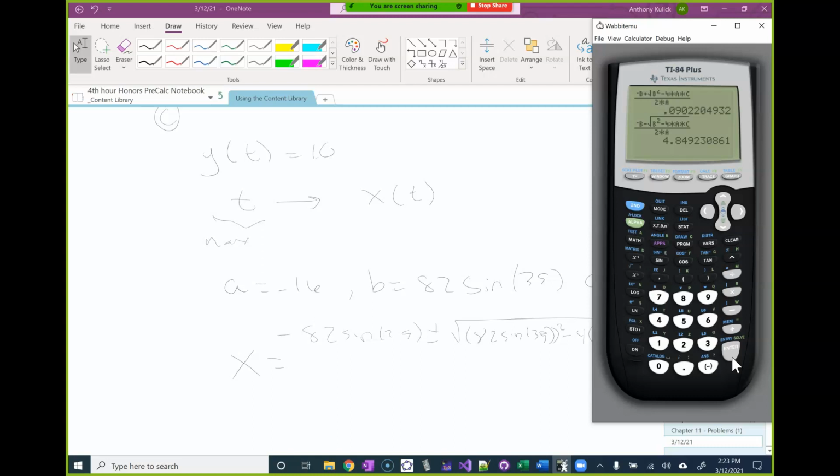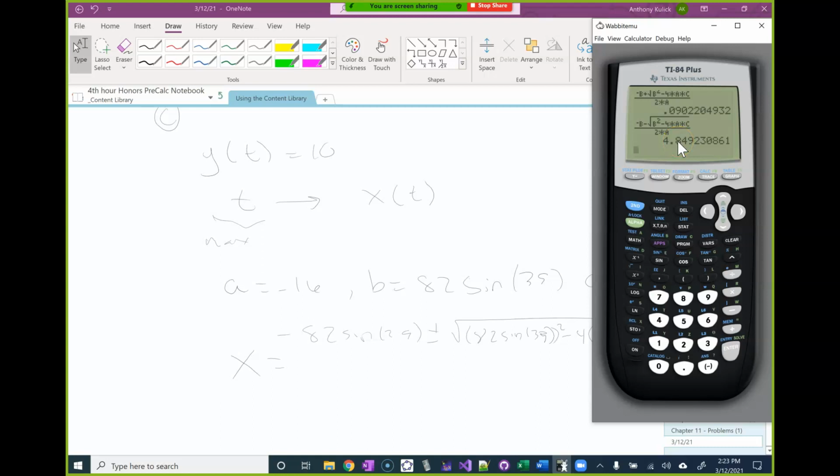Is there any way to graph it and find it off of a graph? Sure. Is that harder? No, not really. You could just type the y equation into y1 and the 10 into y2 and then find the intersection. Well, these are the answers: 0.09 and 0.84.